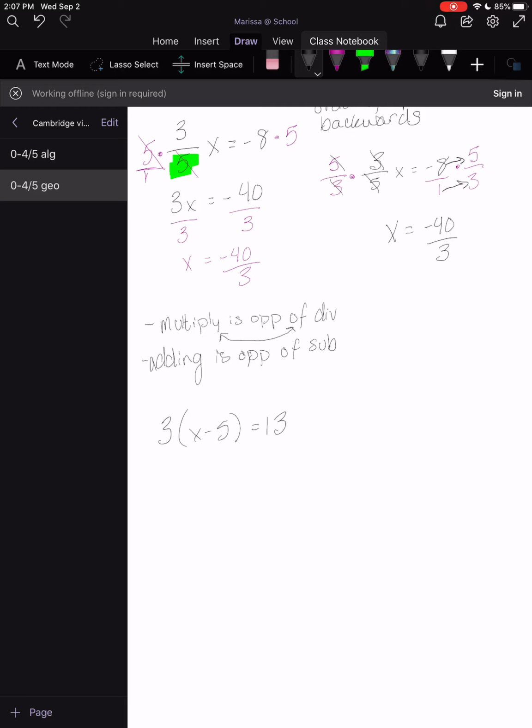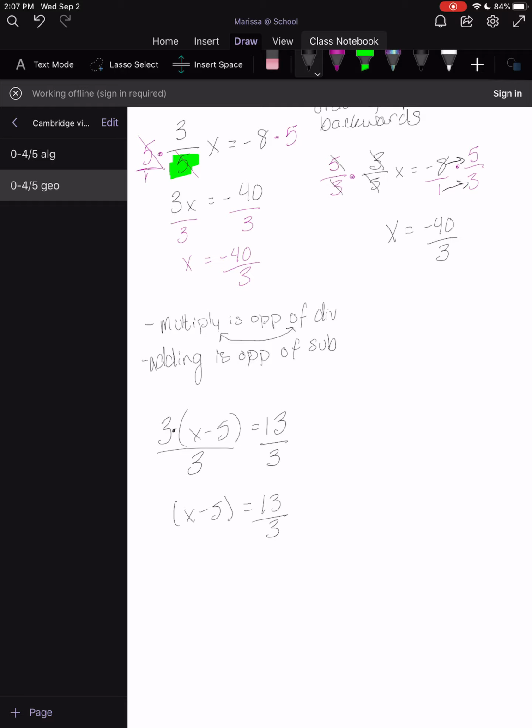In this case, I do have multiplication. Remember, if I have a number butting up against a set of parentheses, that means I'm multiplying. So I'm going to divide that 3 off before I do anything else. Now I can't do anything with 13 divided by 3, so it's just going to stay like that. So I'm going to have x minus 5 equals 13 over 3. I've gotten that 3 off, so now I'm just left with that.